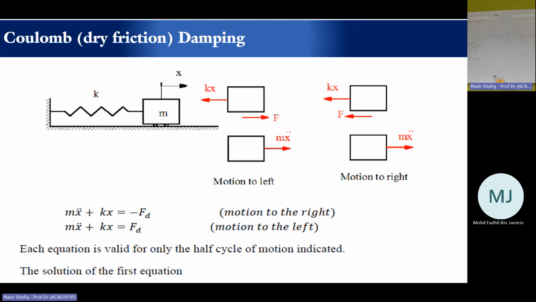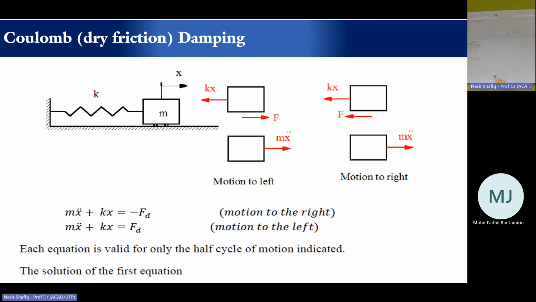So this is the motion left, motion right. So if it is moving here and moving there. So when it is in motion, this plus this minus Fd, so net equilibrium, and motion to the right.